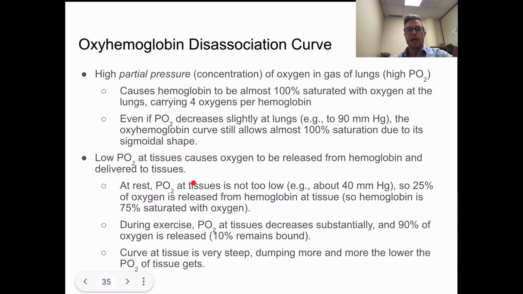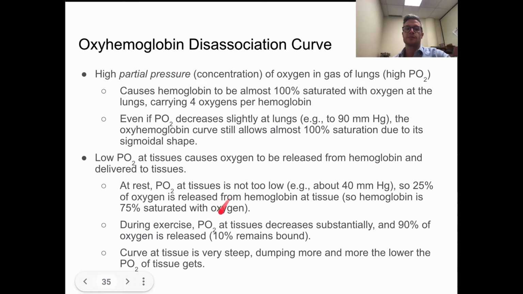And at rest, as I mentioned, the PO2 is not that low in venous blood. So only about 25% of hemoglobin is released, even at the tissues. So again, this is at rest.